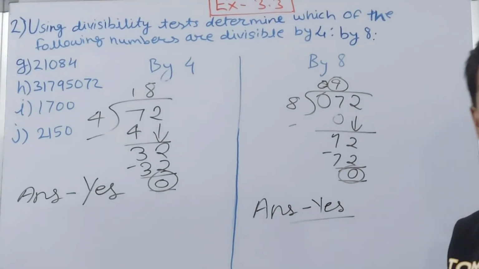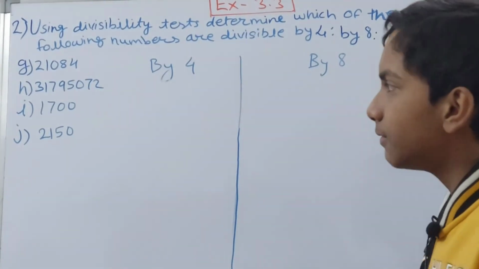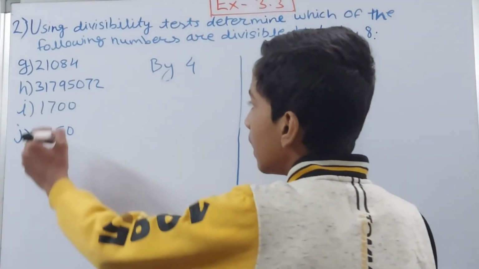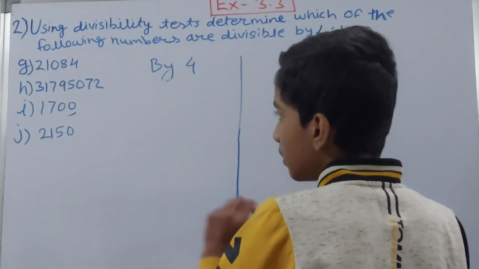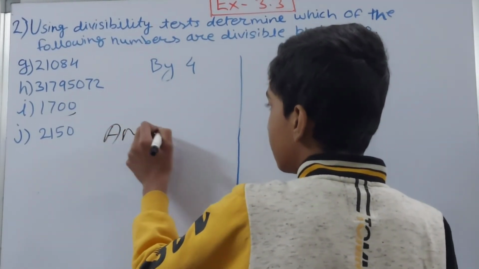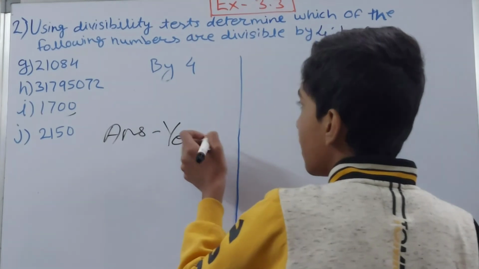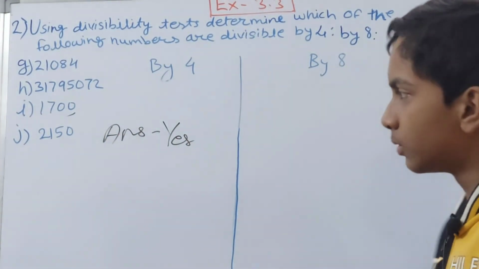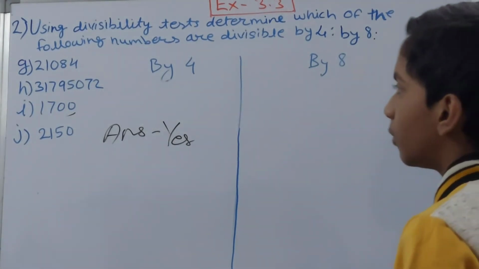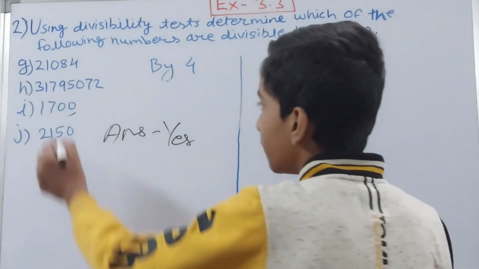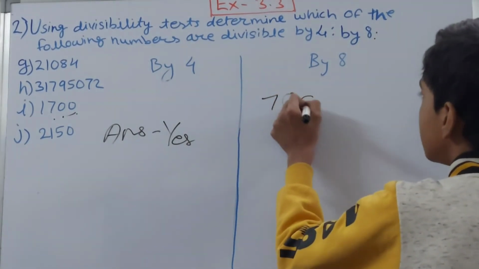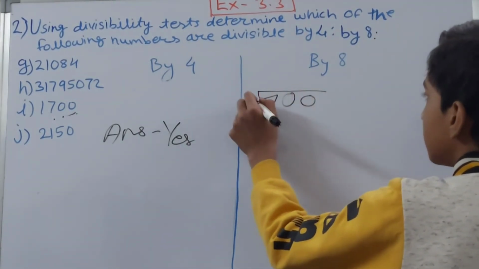Okay. Next number we have is 1700. Now to see if it is divisible by 4, the last two digits are 0 0, so that means it is divisible by 4. I told you whenever you see zeros in the last two digits, then you can say it is divisible by 4. Then for 8 the last three digits are 700. Now divide this by 8.